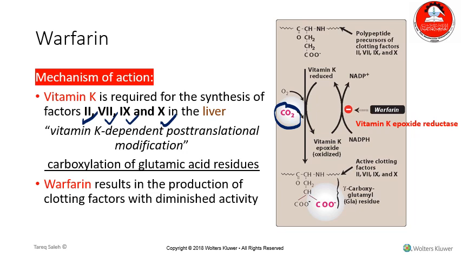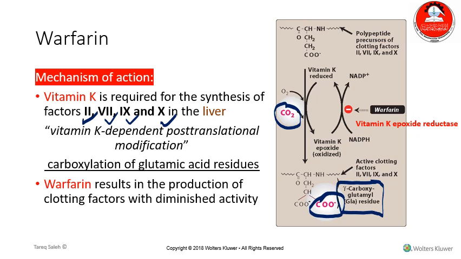And we refer to the addition of this carboxyl group as the gamma carboxyl glutamyl residue. Okay, this residue, the addition of this carboxyl group to the newly synthesized coagulation factor, is very important for the activity of these factors because this side chain allows these factors to bind to platelets.